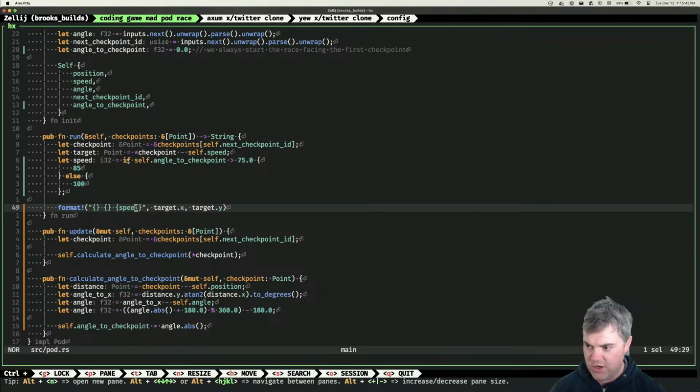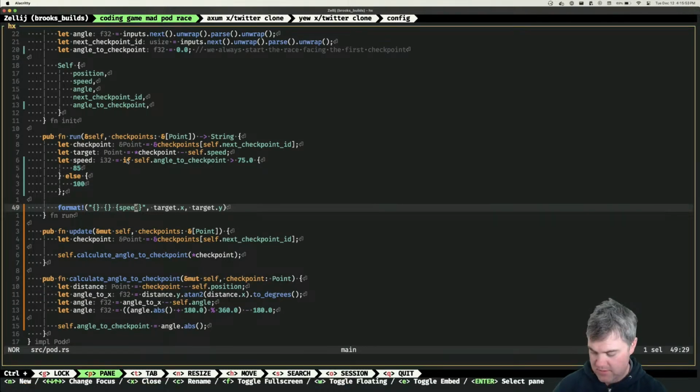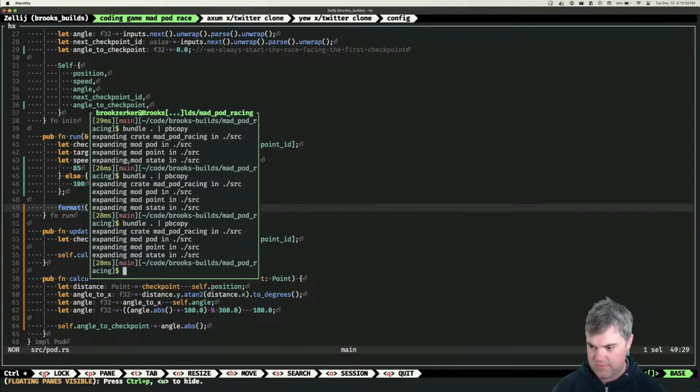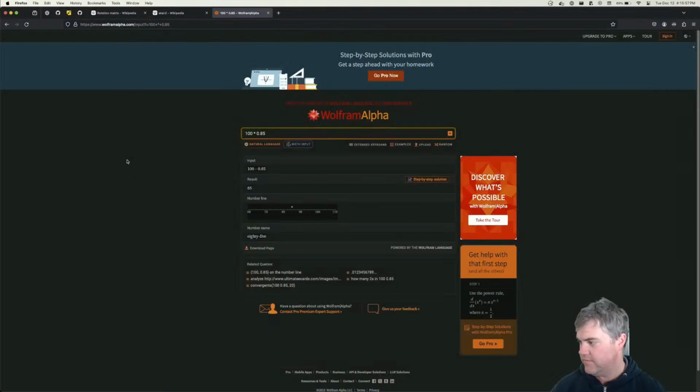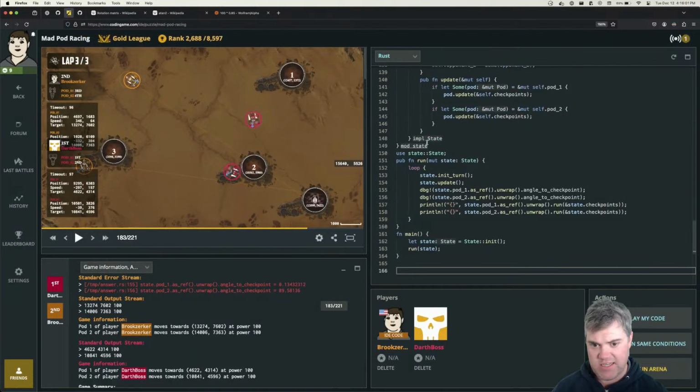And you go speed. So go towards the target and go the speed. Either go slow or go fast. So if I do that, I won't lose speed, won't go faster.